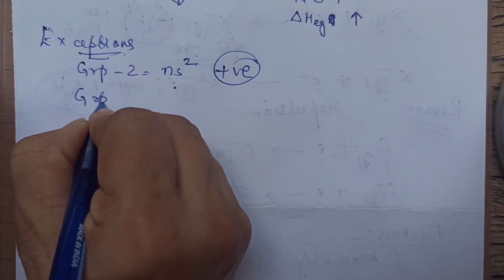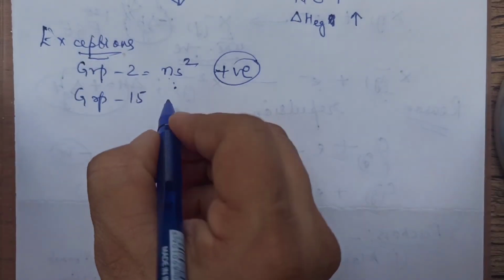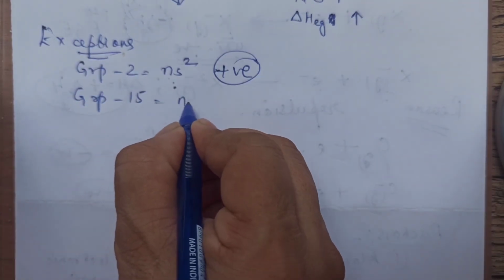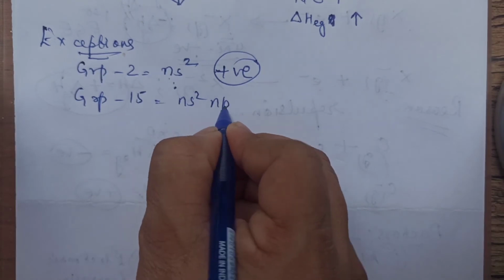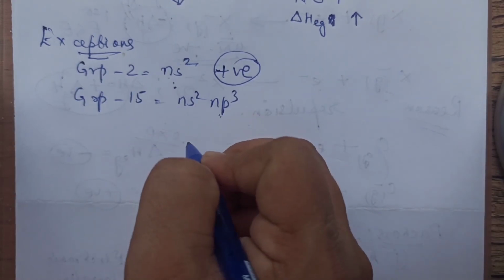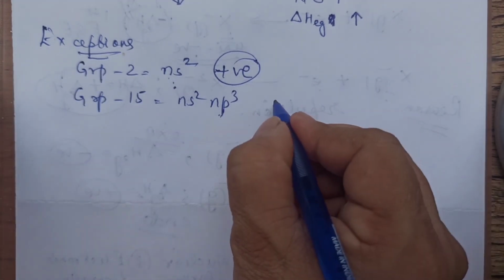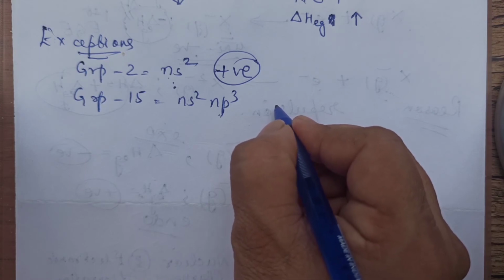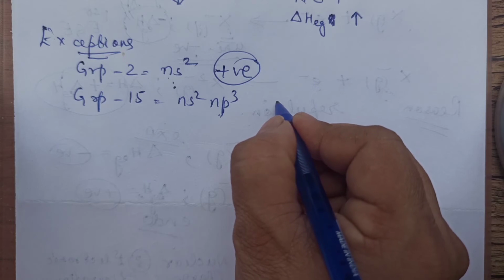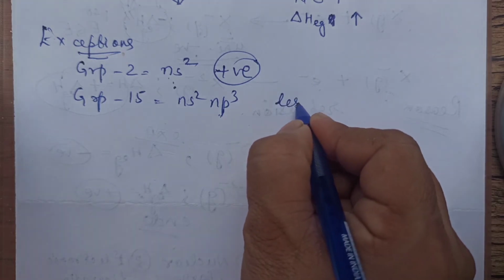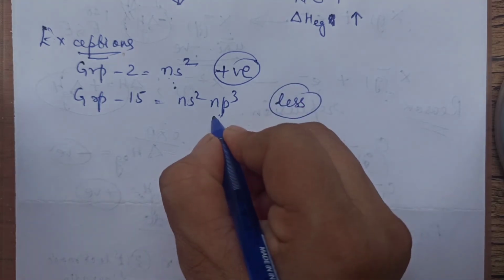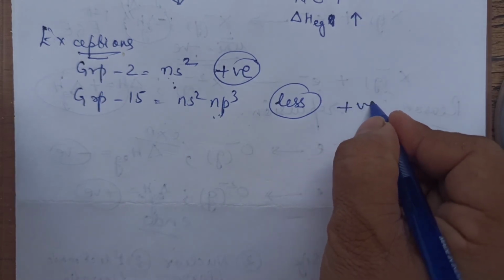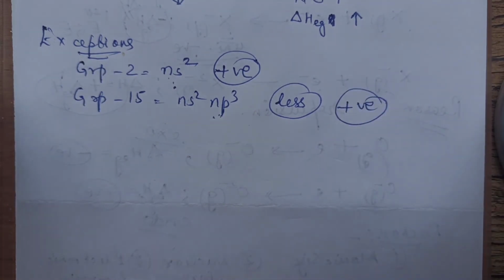You have another one as group 15. Group 15 configuration is ns2 np3, a half filled configuration. If it is half filled, again they are stable. So they are stable, which means it will be less. For a few elements it is less because they will not like to gain, but for a few elements you will find the electron gain enthalpy is positive.